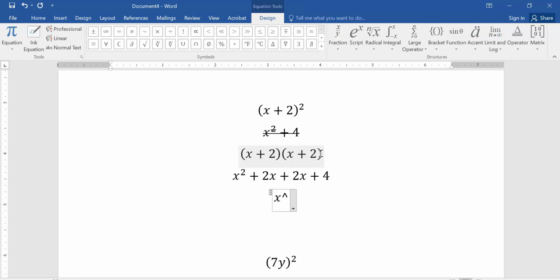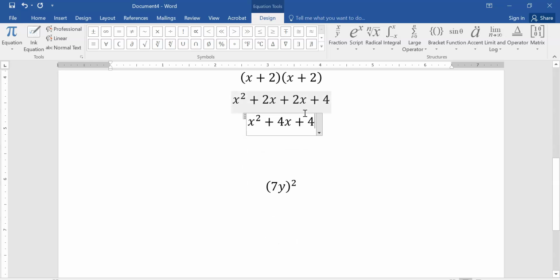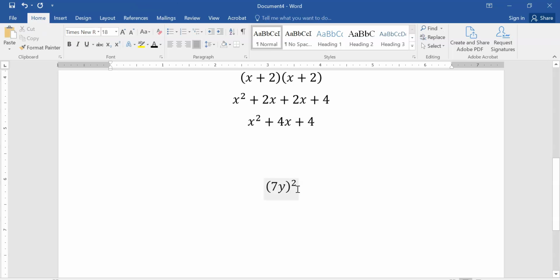So again, we don't want to distribute this square. Now, that may seem weird because way back in 3-2, we did distribute the square into a term like this. But notice those terms that we were dealing with in 3-2 were monomials. In other words, they didn't have any pluses or minuses.